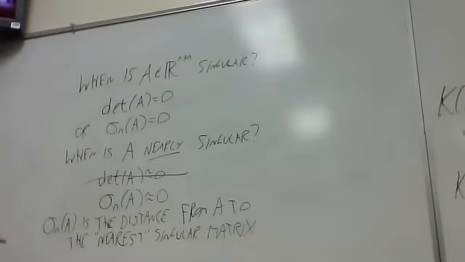So let's suppose that the smallest singular value of A is, say, 0.01. Then what that means is you could take your matrix A and perturb it by a matrix whose norm is 0.01 and get a matrix that's singular. So a change in the entries by that much could actually give you a singular matrix.